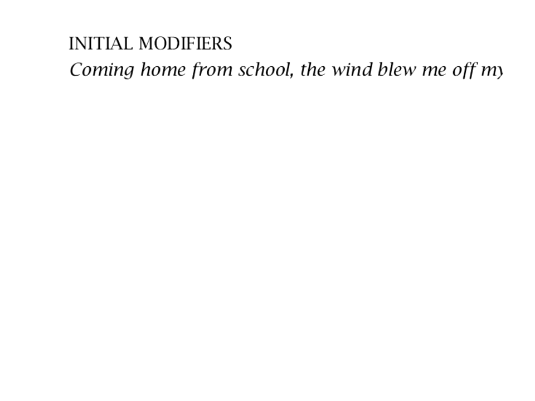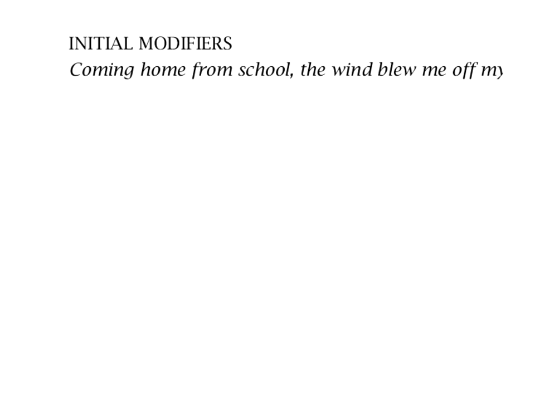So initial modifiers, what are they, is the question. So here's a sentence. I'll put a sentence up on the board and we're going to talk about it. If that sentence is okay, I'm going to change your polling to a red X and a green check. If that sentence is okay, then give me a green check.